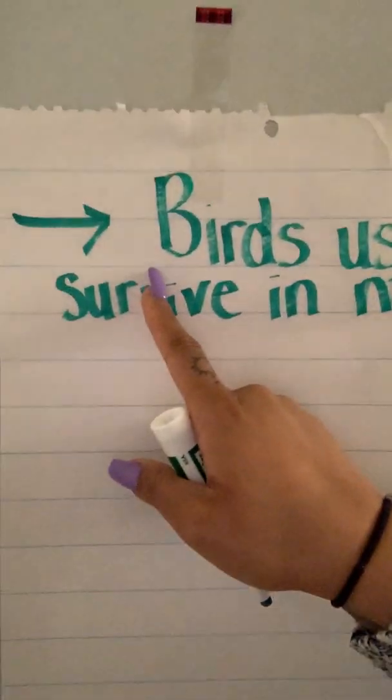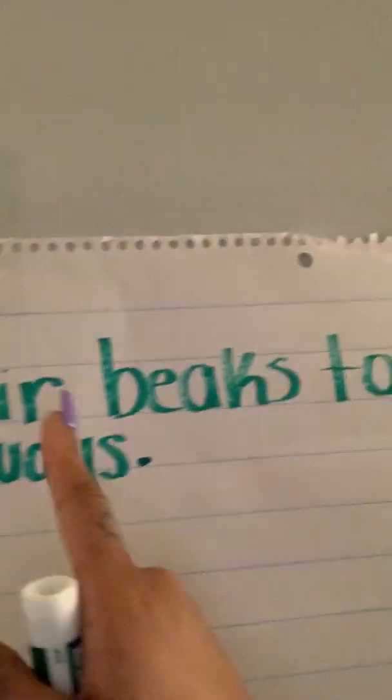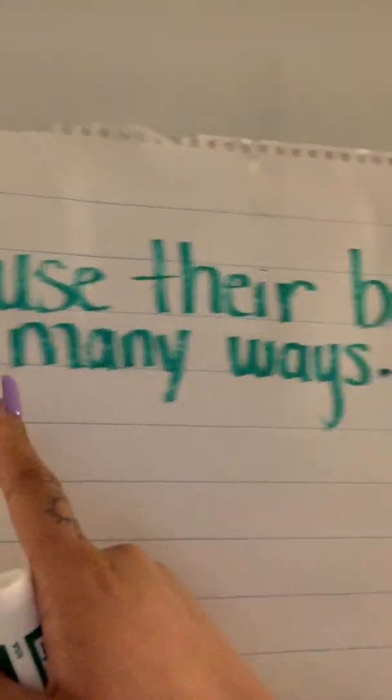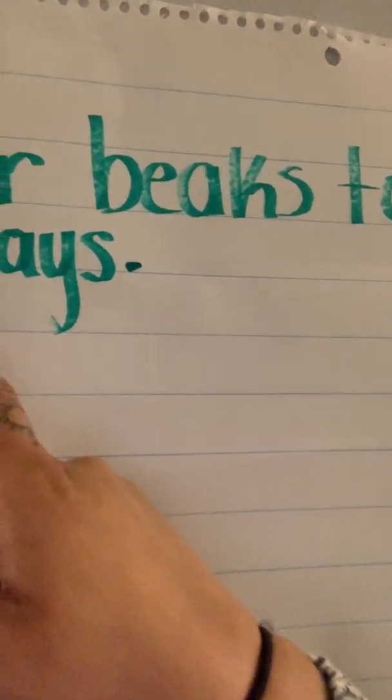Trying to make sure you guys can see everything. And what goes at the end of my sentence? Yep, punctuation, in this case, a period. So birds use their beaks to survive in many ways.